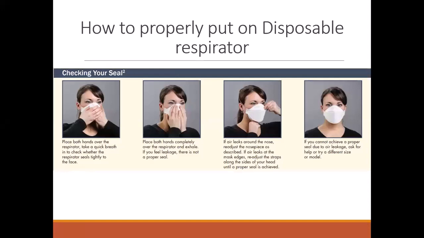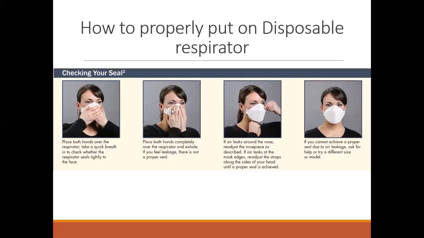Why? Because you need to make sure that you are not breathing from the edge, especially if you are caring for a TB patient or measles, or even if it is a suspected case. So you have to protect yourself and your co-workers by properly putting on and checking the seals of the respirator.